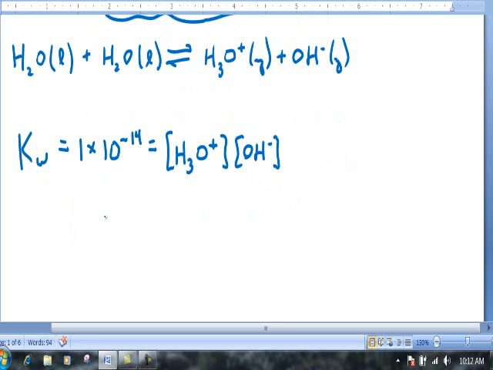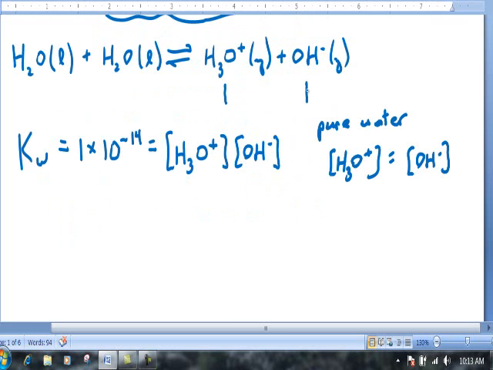If we look at the autoionization reaction for water, the hydronium and hydroxide form in a 1-to-1 ratio. Consequently, in pure water, we find that the H3O+, the hydronium concentration, is equal to the OH-. In this circumstance, we say that the solution is neutral, and the solution would have a pH equal to 7.